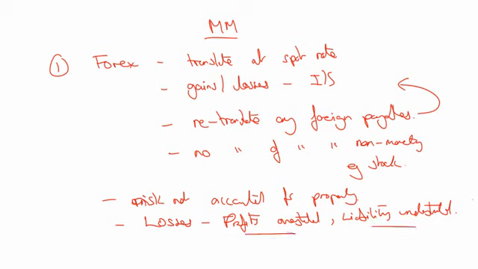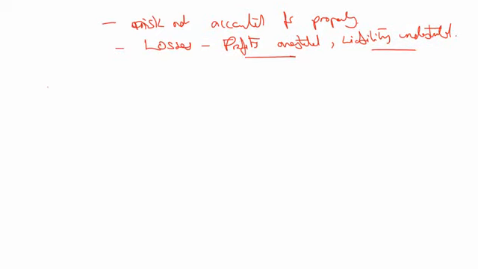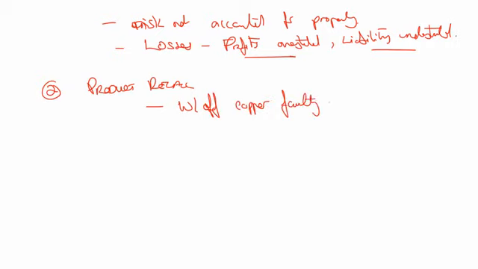So there's one that I remember. There was the product recall, wasn't there? The faulty goods. First of all, we want to make sure they've written off the copper faulty wiring. And when we say written off, we mean reduce stock and therefore increase expense as well. We also need to think of, would there be any possible refunds?